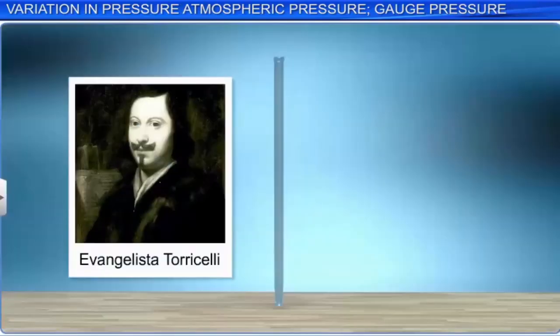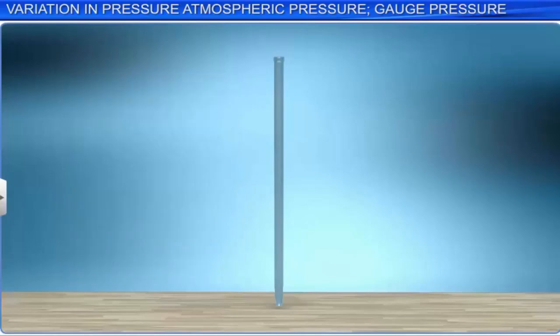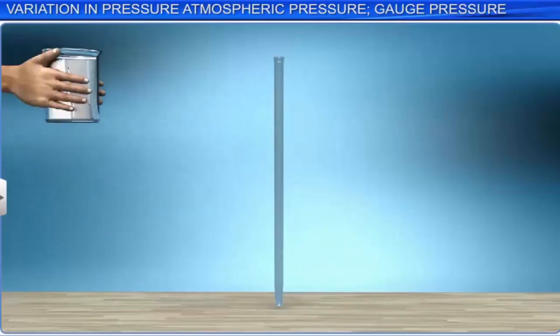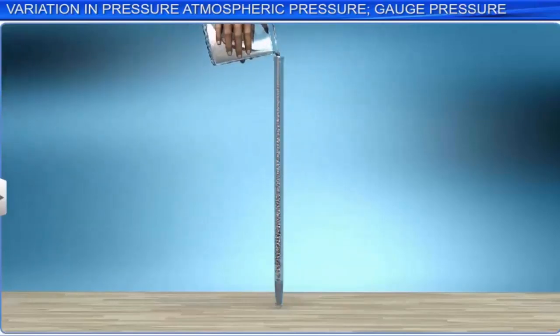Torricelli devised a mercury barometer. For this barometer, a long glass tube closed at one end is filled with mercury and then inverted into a glass trough containing mercury. The mercury column in the tube falls to some extent and a vacuum is created in the tube.